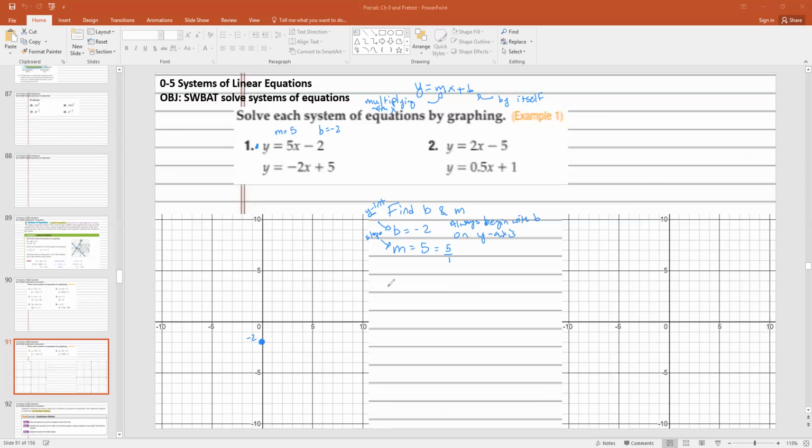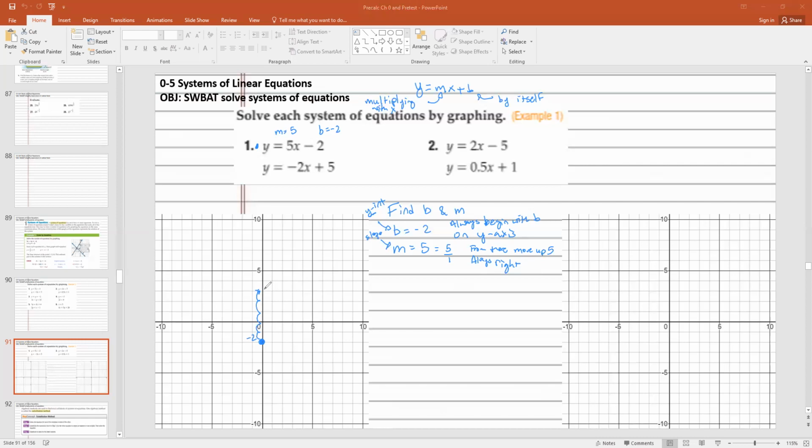And then from there, we're going to move up or down by the numerator of the m. Move up 5. So 1, 2, 3, 4, 5. Don't put a dot yet. And then always move to the right, even if our m is negative.